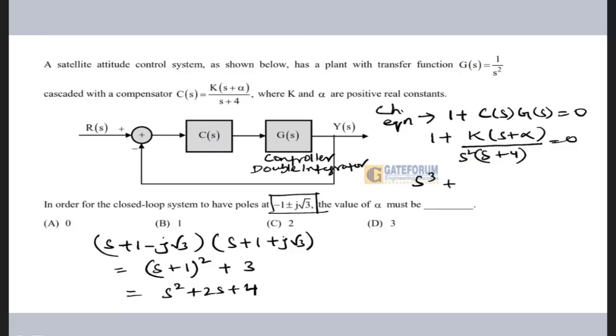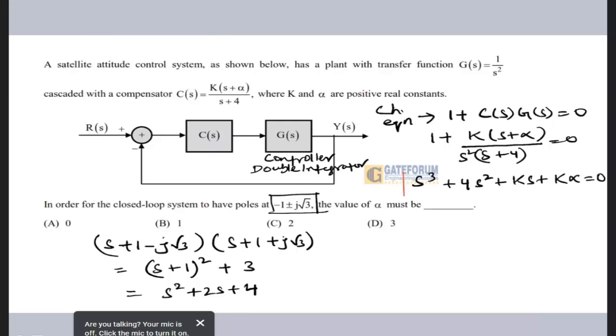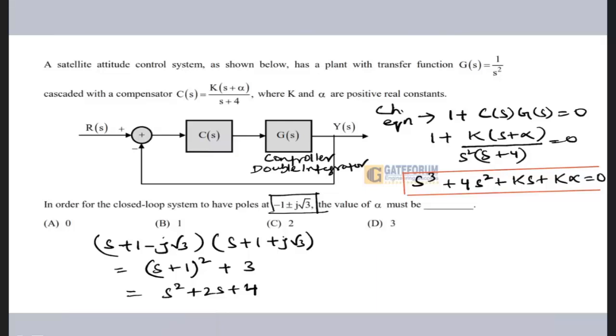So here I'll get s cube plus 4s square plus ks plus k alpha equal to 0. Consider this as equation 1. So the characteristic equation that I'm getting is third order.